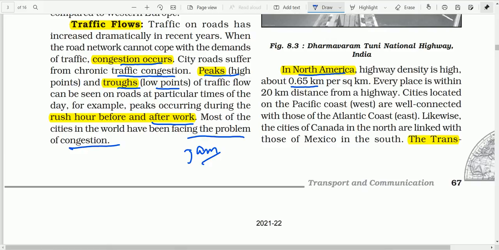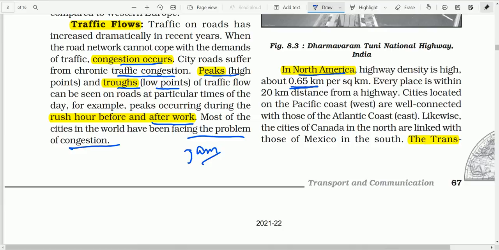So what is the length of highway per 1 square kilometer? That is the road density. That also refers to road density.